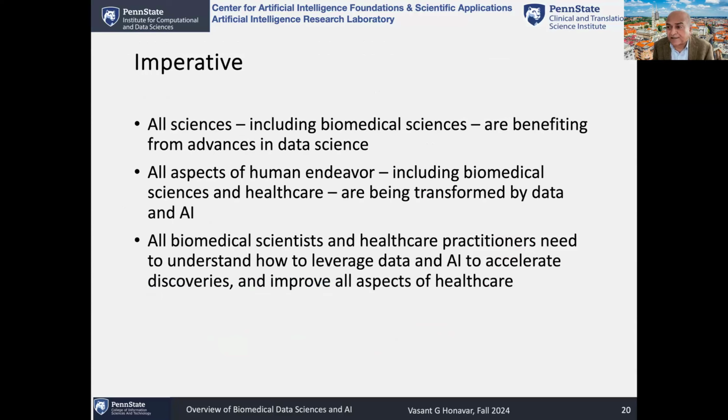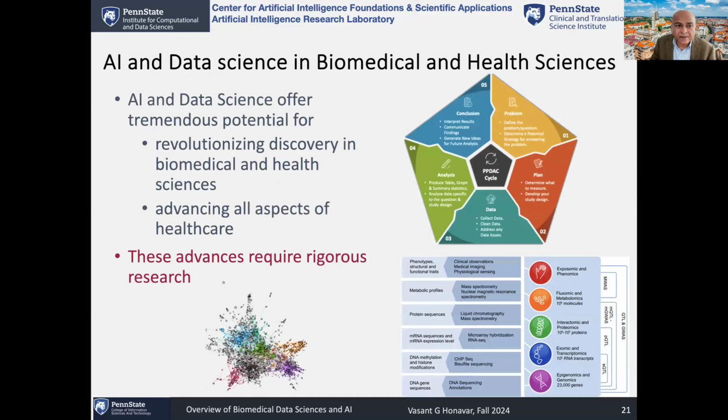All biomedical scientists and healthcare practitioners need to understand how to leverage data and AI, both to accelerate discoveries and to improve what they do, improve healthcare. So I already mentioned this: AI and data science offer tremendous potential for revolutionizing discovery in biomedical and health sciences, advancing all aspects of healthcare.